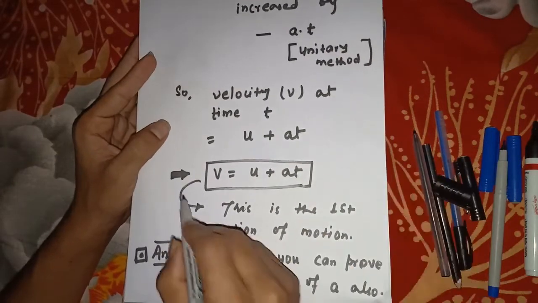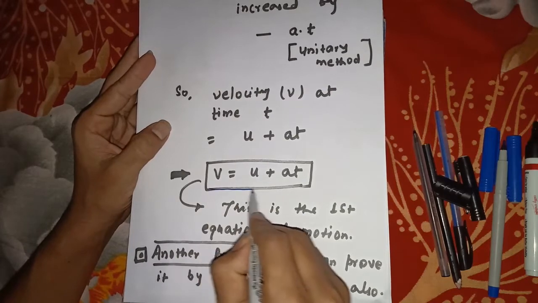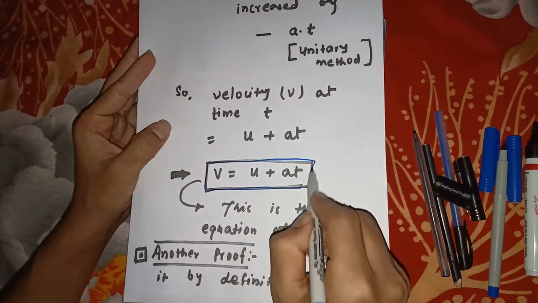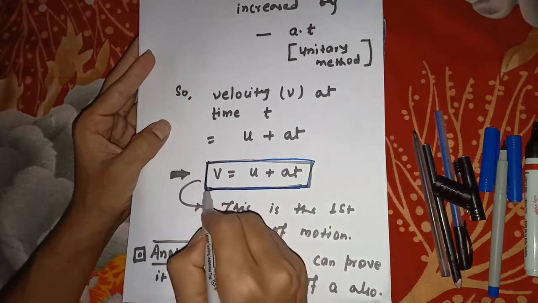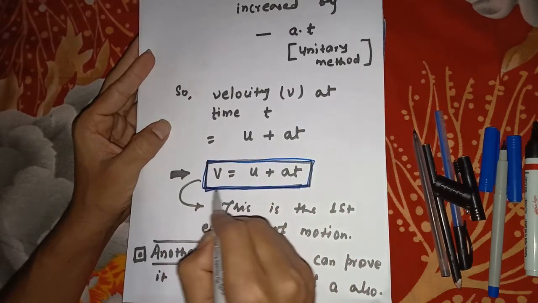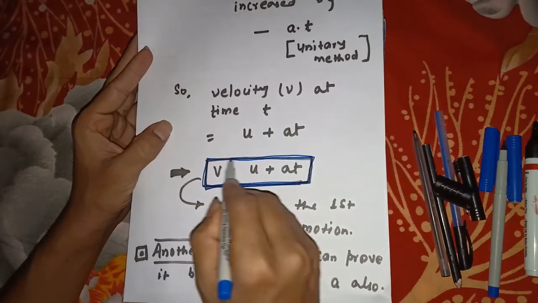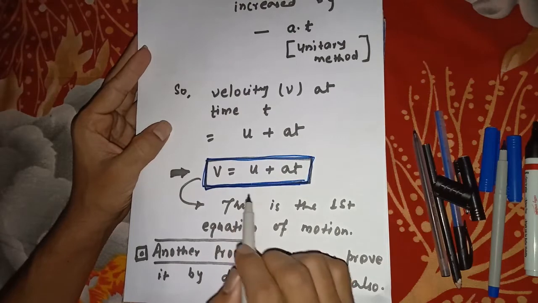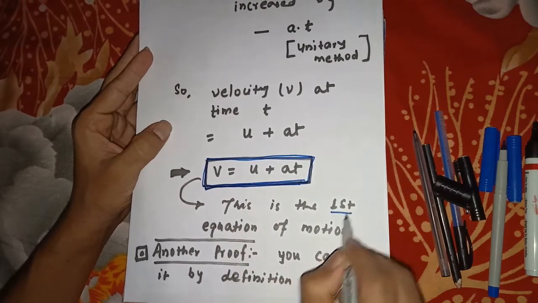This is also called the first equation of motion. So you have to remember it to solve numerical problems in your chapter. This is called the first equation of motion.